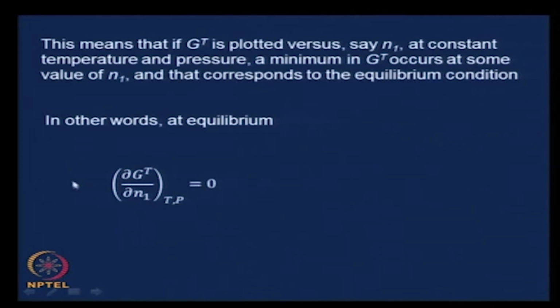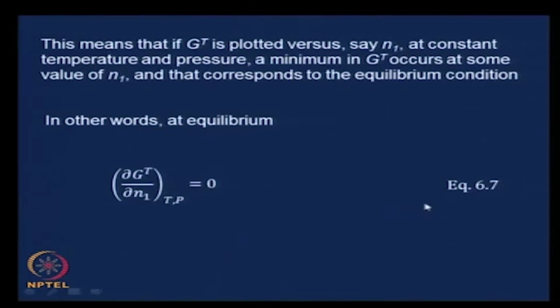This is just a mathematical statement of the fact that we knew from earlier classes, that the Gibbs free energy of a system is minimum at equilibrium. Therefore, the slope of the GT versus N1 curve goes to 0 at that particular point. It is a minimum, and therefore the slope goes to 0, and let us call this equation 6.7.